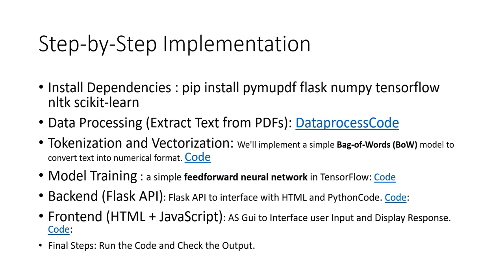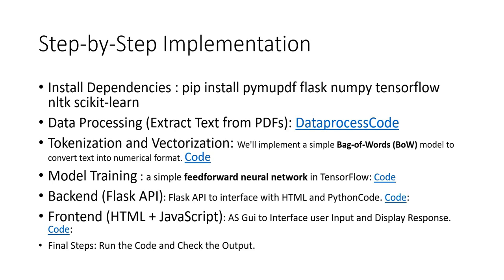The front end will be HTML and JavaScript, designed as a GUI to interface with users and display the response. All the code is available. I will go through this code one by one and build an application in this video, and finally we'll run the code and check how the output works.